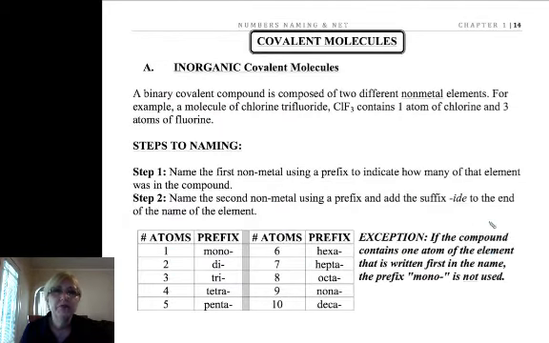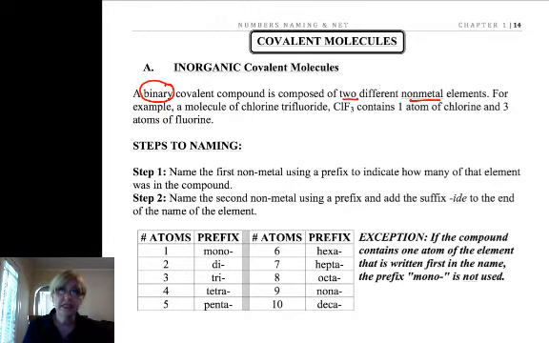Okay, I'm going to go ahead and move into covalent molecules because they're very, very straightforward. When it's two nonmetals, and we're talking about binary covalent right now, two different nonmetals make it covalent, and we use prefixes. There's no algebra, there's no least common multiple, there's nothing in terms of any kind of calculation or manipulation.